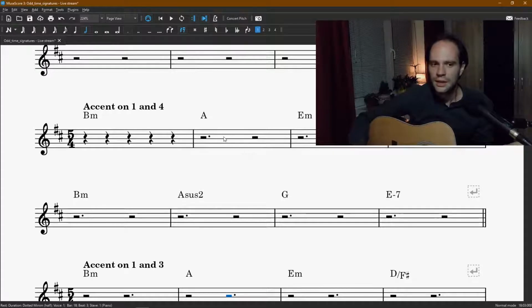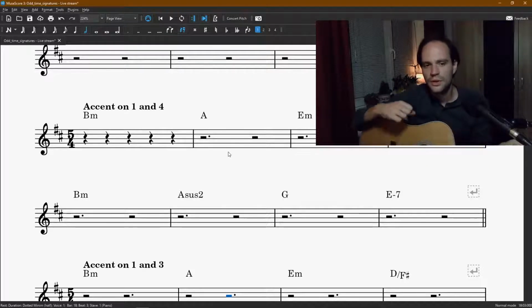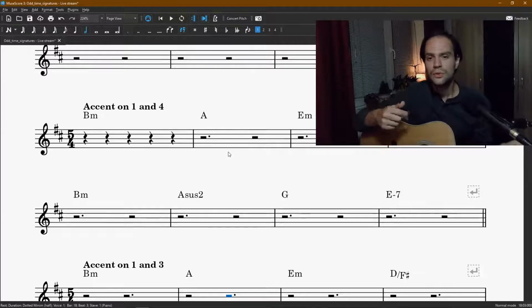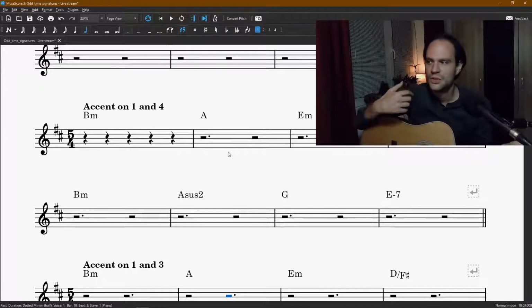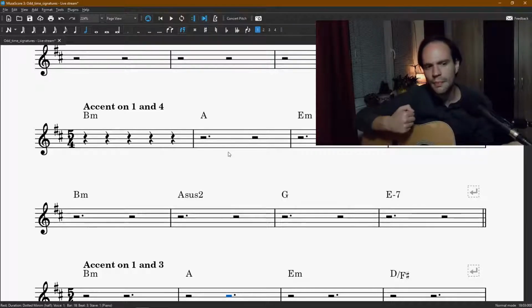Normally you would count to 6, when you have 6/4. So let me first count it as if it is 6/4: 1, 2, 3, 4, 5, 6. But now, because it's 5/4, you're going to take out 1 beat. So that's going to cut it short, and that's going to propel the energy a bit more forward.